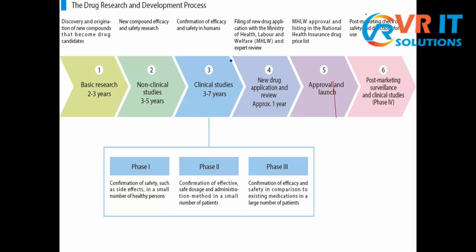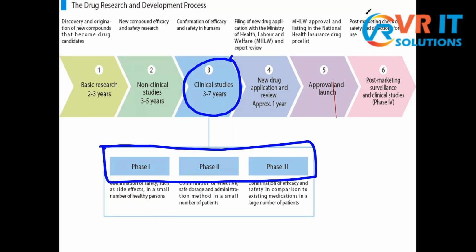These clinical studies or clinical trials are conducted on human beings. The treatment is tested in different phases. Why do we have phase 1, phase 2 and phase 3? In phase 1, only a small number of people, 10 to 20, are selected.